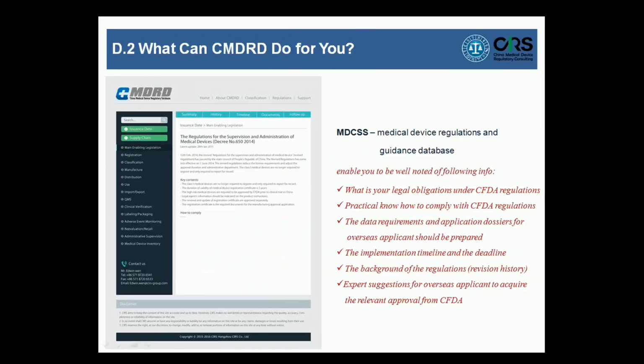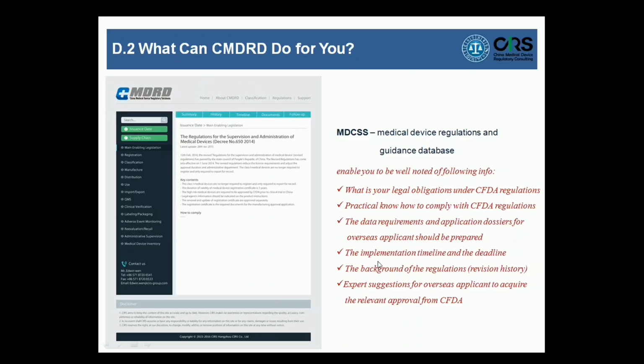The medical device regulations and guidance database contains the relevant med device regulations, guidance, and related technical measures, and those are for search queries only. These are divided into several types based on status from the market access, and can enable you to be aware of your legal obligations and practically know how to comply with safety regulations and the data requirements and the application process.